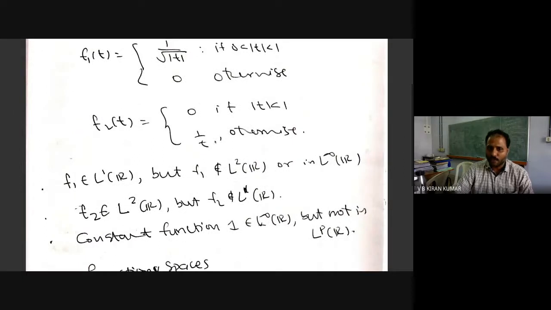Now regarding f2, it is 0 within the interval mod t less than 1 and 1 by t otherwise. f2 is actually in L2 because near the neighborhood of 0 it has no problem. Outside that, what happens? 1 by t, you have log t, but log t is bounded there. You have to take 1 to infinity.